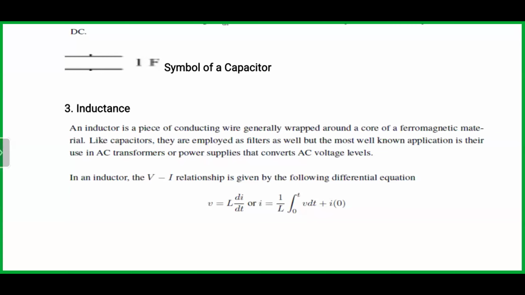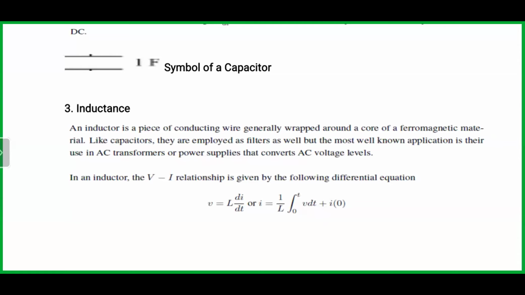So we move on to impedance. So we go to inductance. An inductor is a piece of conducting wire, generally wrapped around a core of a ferromagnetic material.